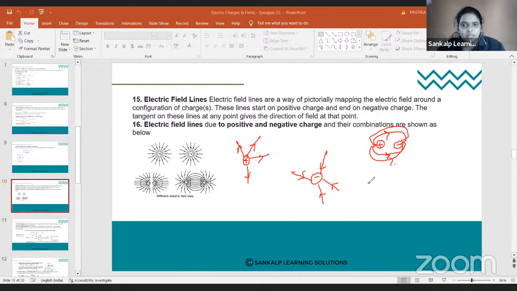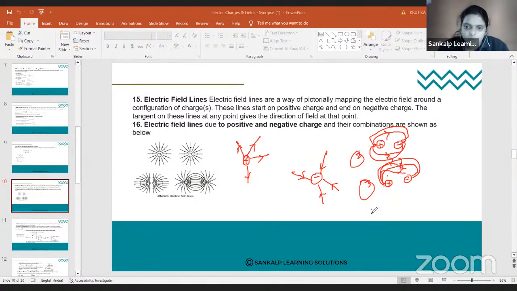That is the second property. The third property: the field lines never intersect with each other. Suppose this is a positive and a negative charge. If the first field line goes like this, the second field line will be in a different direction. It will not come in the same direction, meaning it will not intersect. It will not intersect with other lines. Why?